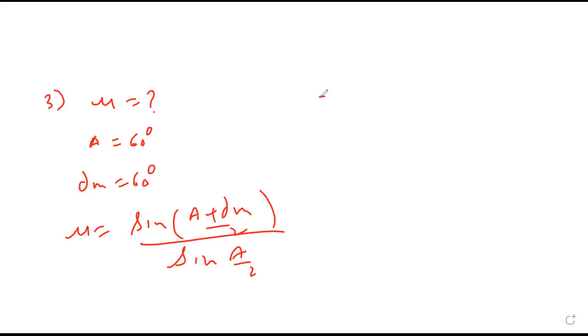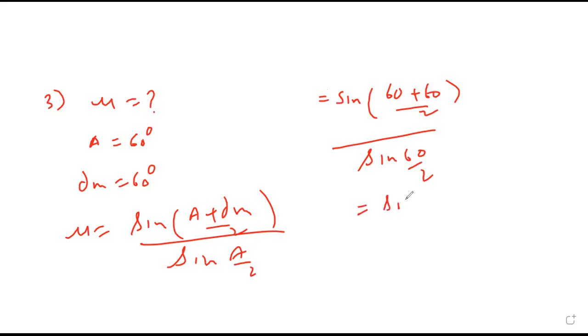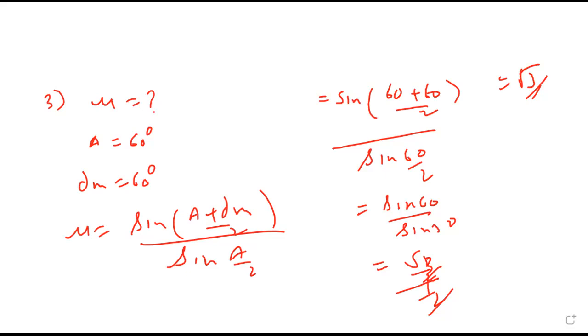What is the answer? Yes, sir. It's root 3. Root 3 correct. Root 3 is perfect. Sine of 60 upon sine of 30, which is root 3 by 2 upon half, 2 cancel, root 3. Fourth, fifth, sixth.